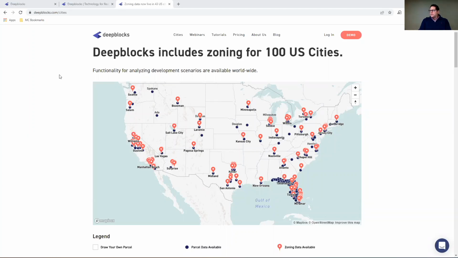So our data continues to grow and expand as we continue to scale and reach more and more U.S. cities. Again, we're always looking to work with you to add additional cities that you might be seeking outside of what we already have live. If there's certain cities in an MSA that you might request, we're always looking to discuss that partnership and add those cities to help your company.